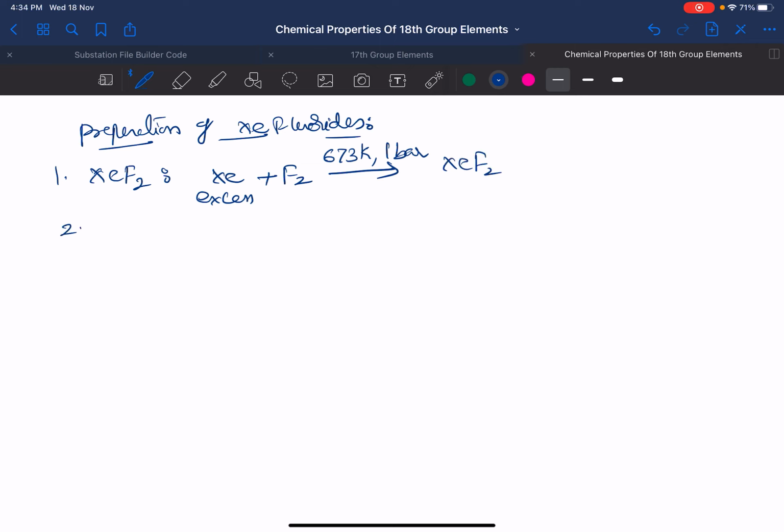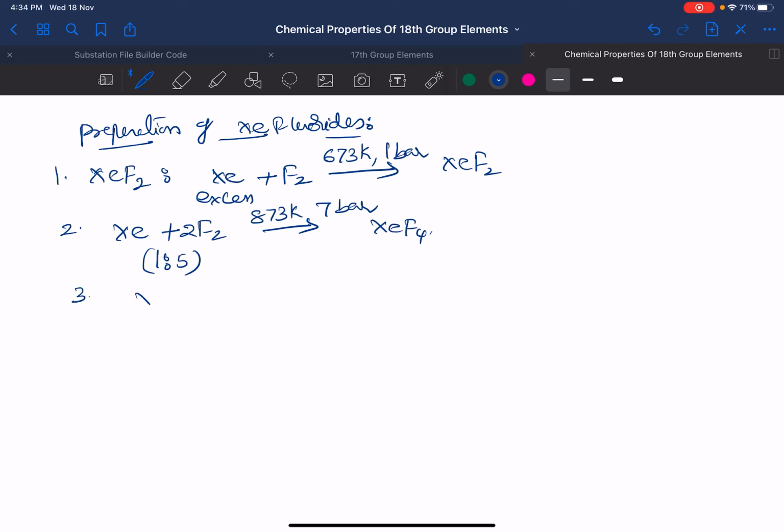When xenon and fluorine are reacted in the 1:5 ratio at 873 Kelvin temperature and 7 bar pressure, it will give xenon tetrafluoride.